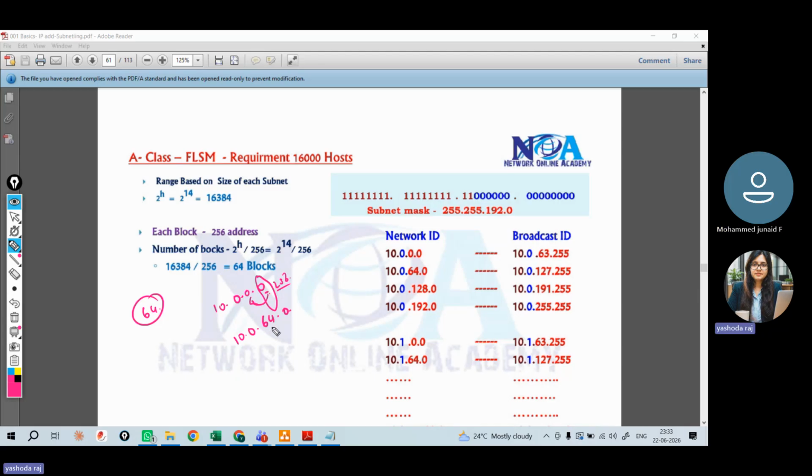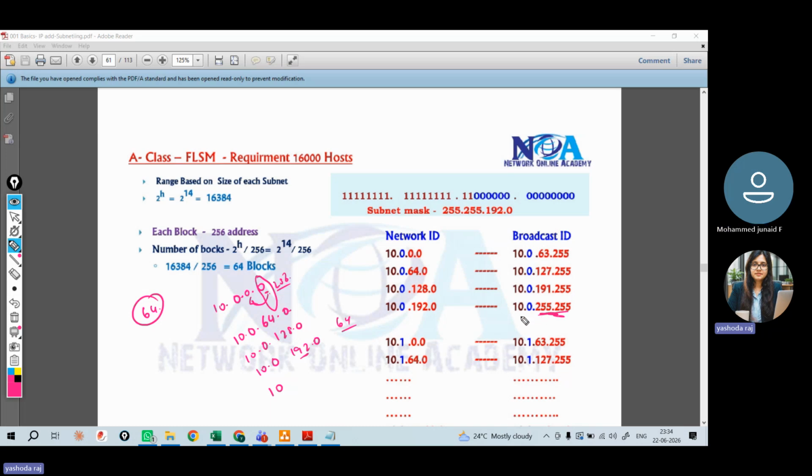After 10.0.64.0, again add 64 for this: 10.0.128.0. Again add 64: 10.0.192.0. Again add 64. What is the value? 256, it will complete here. Next, adding 64, how am I going to add? This place completes with 255 and this is the last IP.